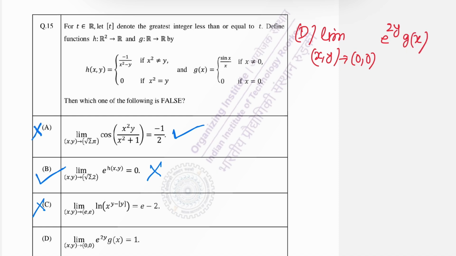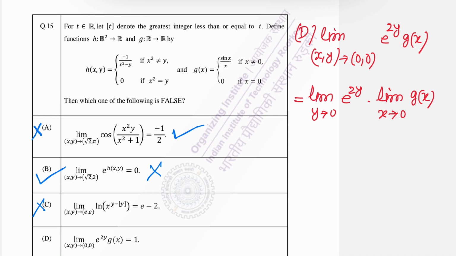Let us check whether we get 1 or not. Here you see this thing is independent of that one, so we can separate the limit. We can write, I show you, the limit y tends to 0 of e to the power 2y into the limit x tends to 0 of g x. Why did I write this way?